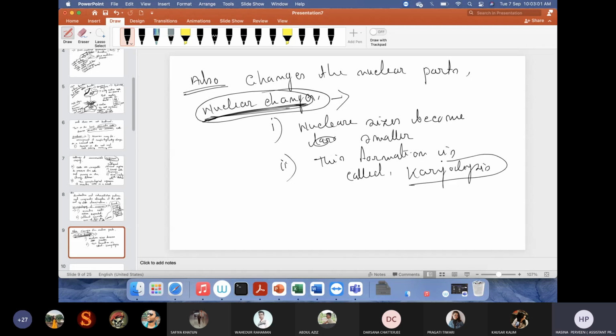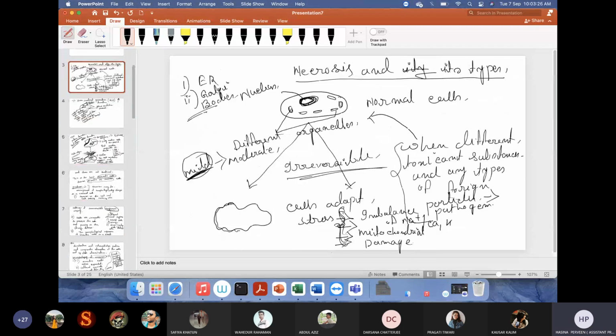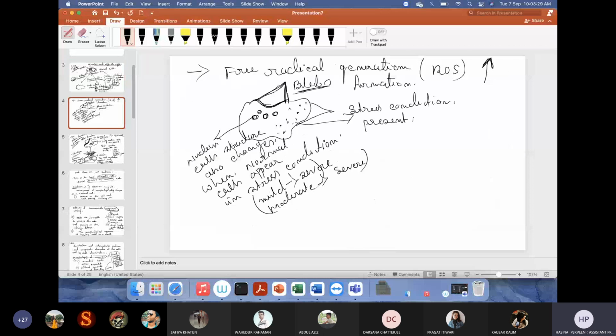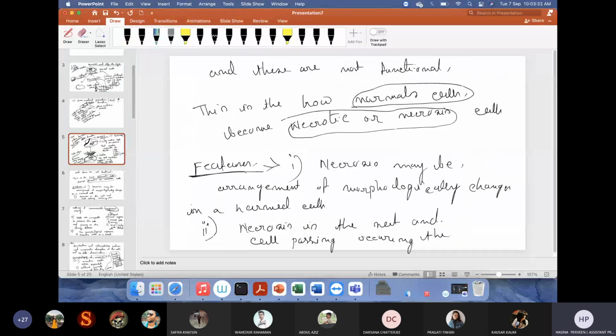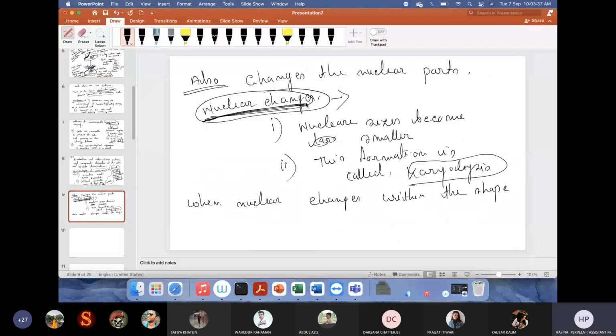Okay, this formation is called karyolysis. That means when the nucleus changes within the shape. In the first step, the nuclear cells are normal, but in the third and fourth steps the nuclear size is smaller.